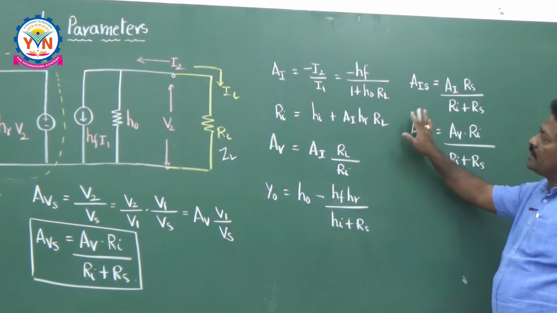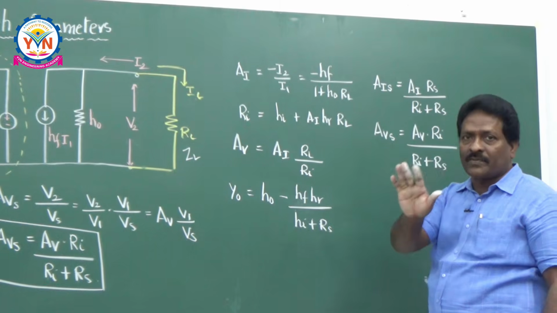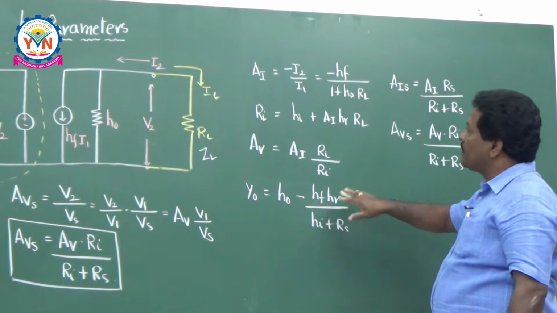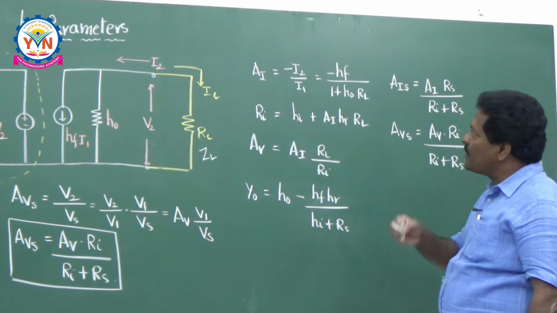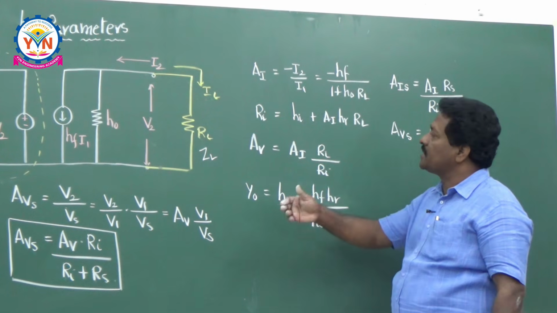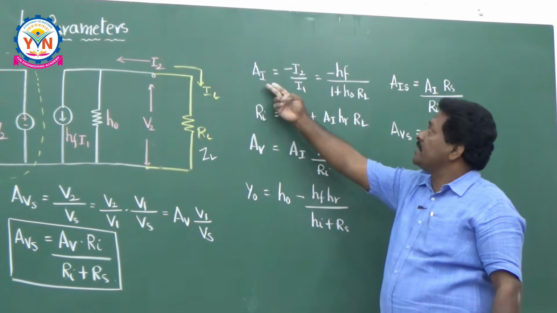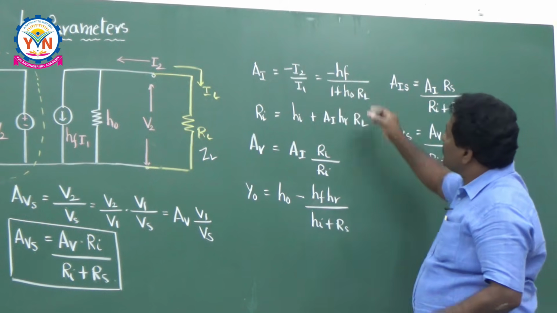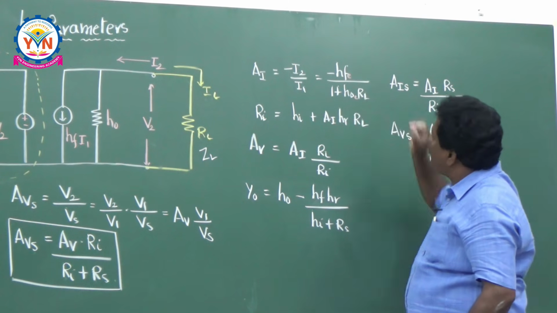Friends, all these equations are equally valid for all types of configurations. Depending upon the H parameters, you can calculate all these parameters. For example, for the common emitter configuration, AI is equal to minus HFE by 1 plus HOE, into RL.